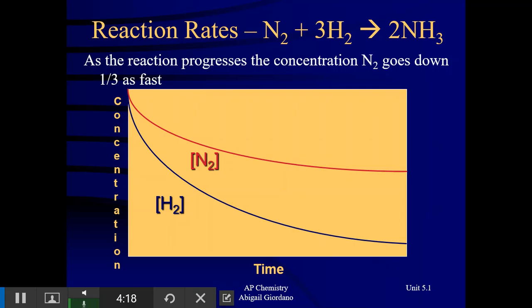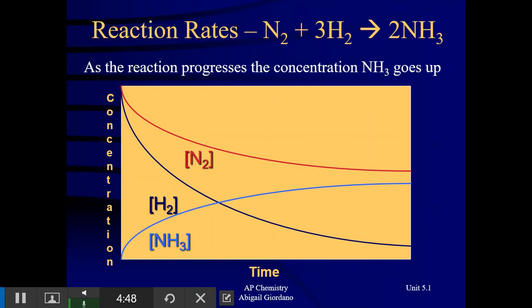Or we could say this another way. Nitrogen's concentration will be decreasing 1/3 as fast as the hydrogen is decreasing. So they are both being consumed, they're both decreasing over time, but the hydrogen is decreasing quicker because of that coefficient. So rates are dependent upon those ratios. What would be happening to the product?